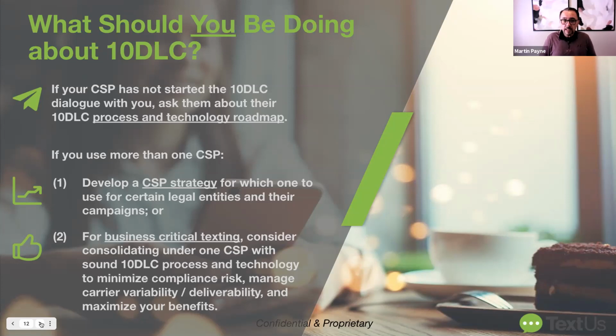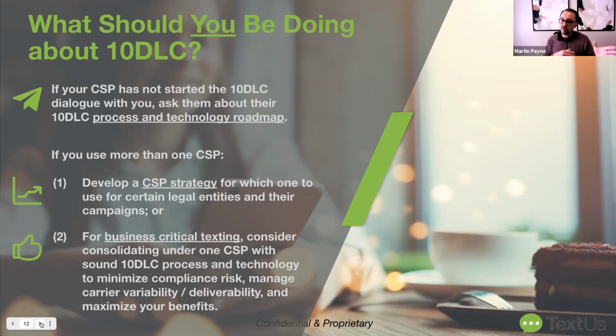Some of you are bigger and you use more than one CSP. We have a segment of our customers that are fairly large, and this is common. So we recommend one of two things here. Have a CSP strategy where you've got CSPs that map to certain legal entities and their campaigns, because not all CSPs are made equal.